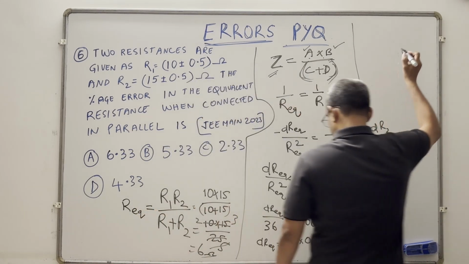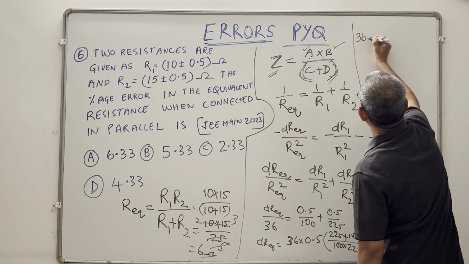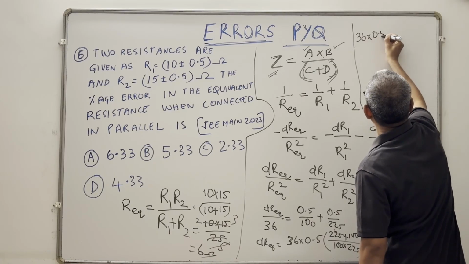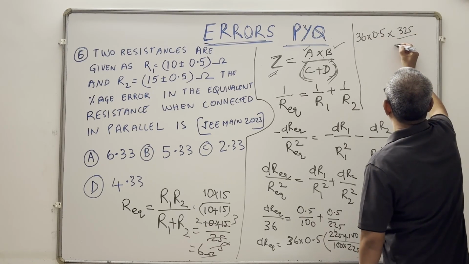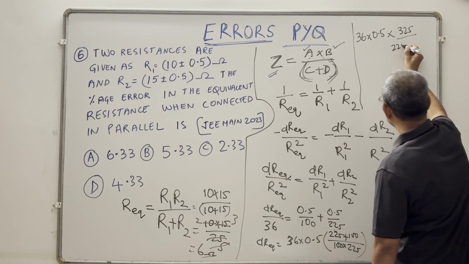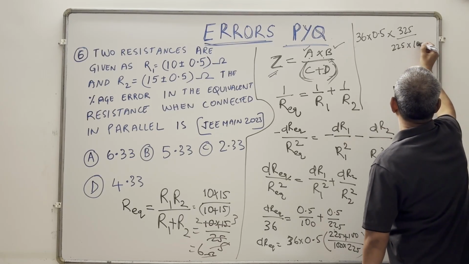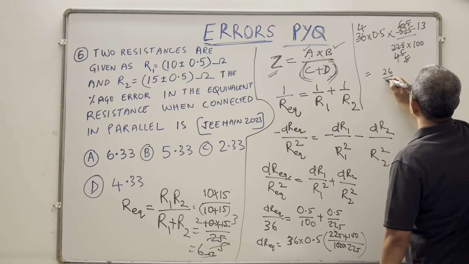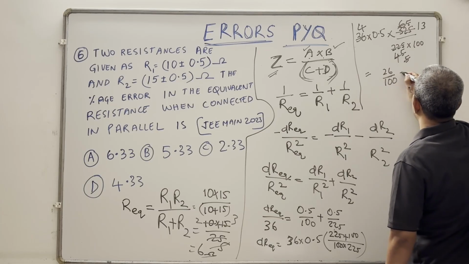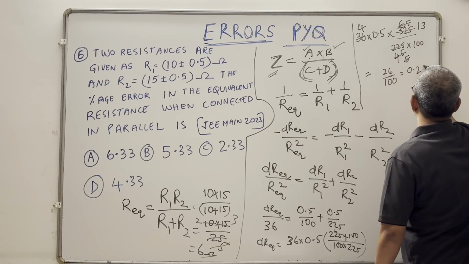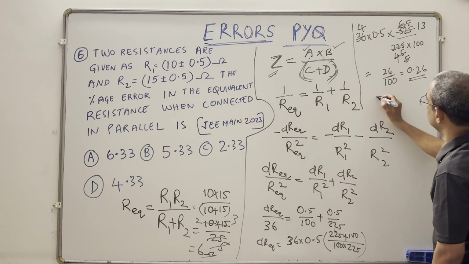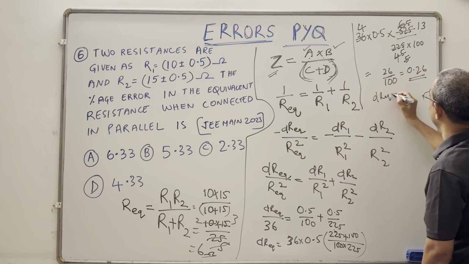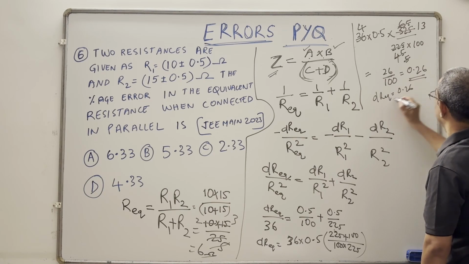Alright, let us write it here. So we have 36 into 0.5 into 325 by 225 into 100. That is equal to 0.26. So all this calculation has given us dR equivalent. So dR equivalent is equal to 0.26.